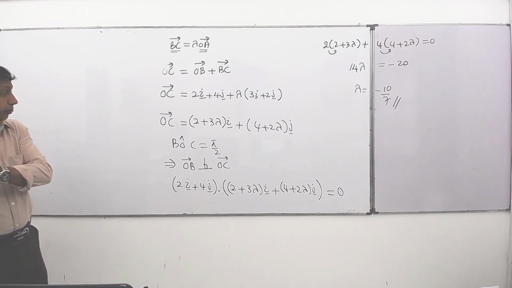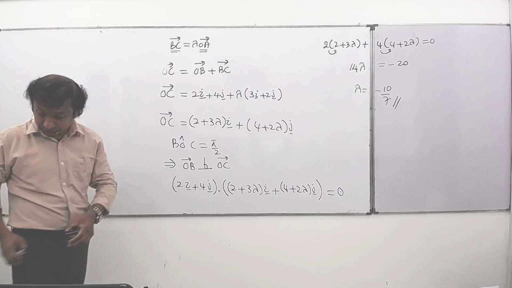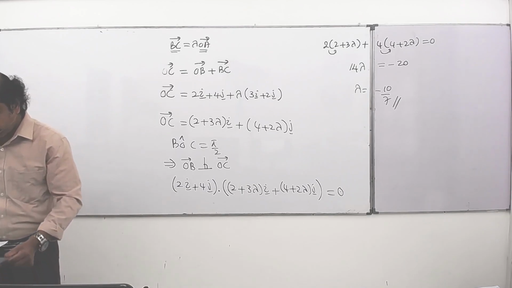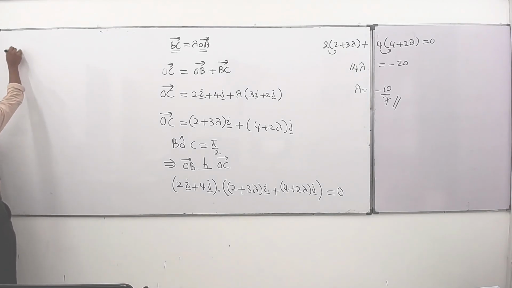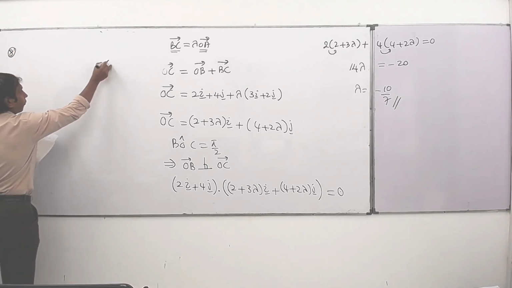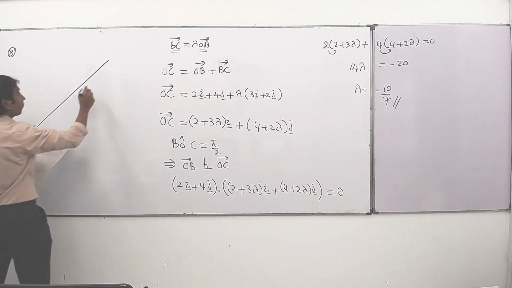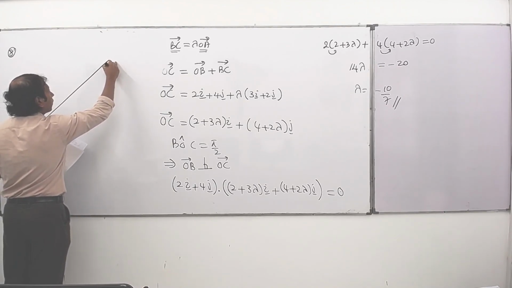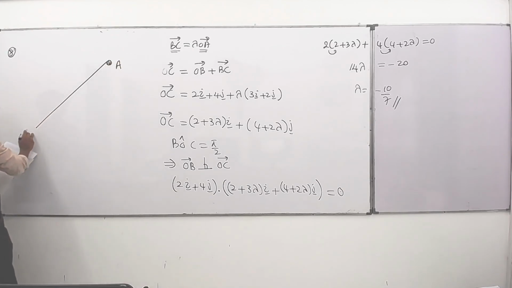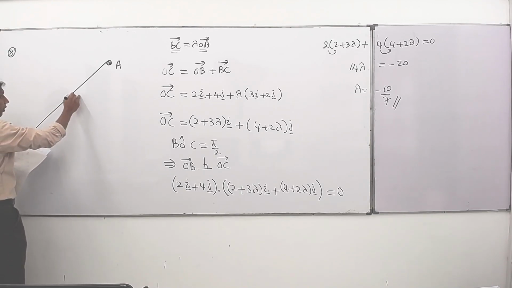Here A, B, the uniform rod. Weight is at the midpoint.